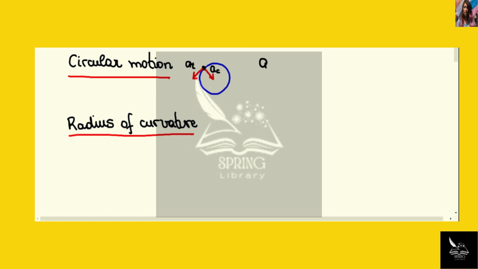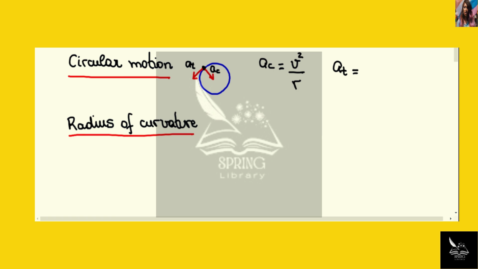The centripetal acceleration exists even if the speed of the particle doesn't change and accounts for the change in direction of the velocity. And it's equal to v squared over r. V is the speed of the particle, r is the radius of curvature.